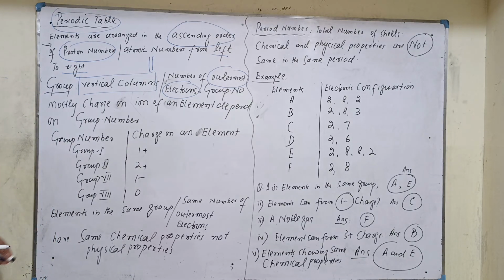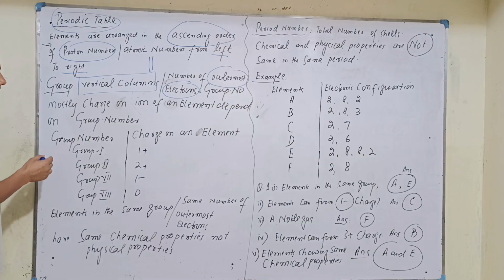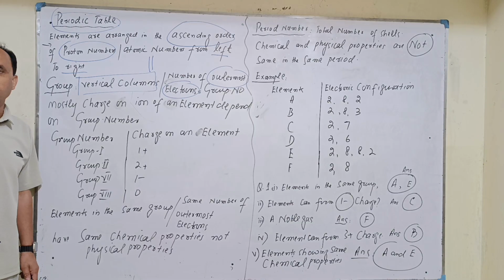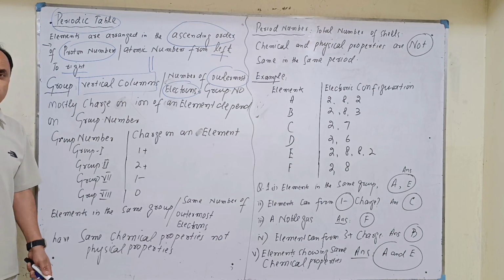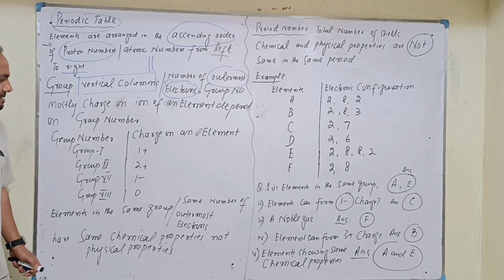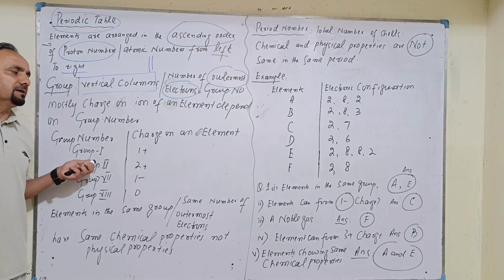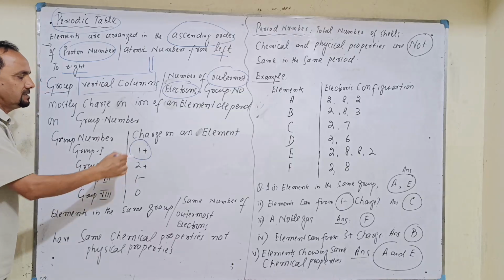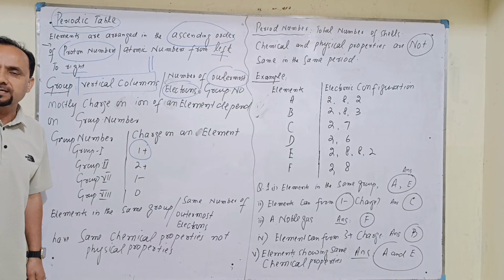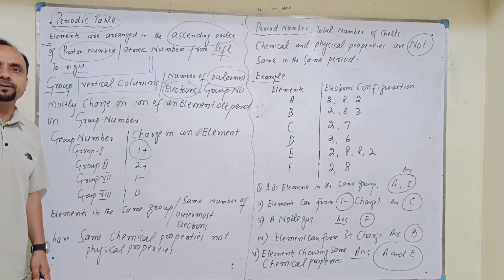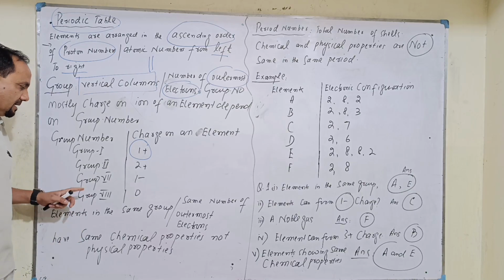Now, second, we can decide the charge on an element if we know the group number of that element. For example, look at the periodic table. Group 1 elements, sodium, lithium, they have +1 charge because they have 1 electron in their outermost shell and they can easily lose that electron.